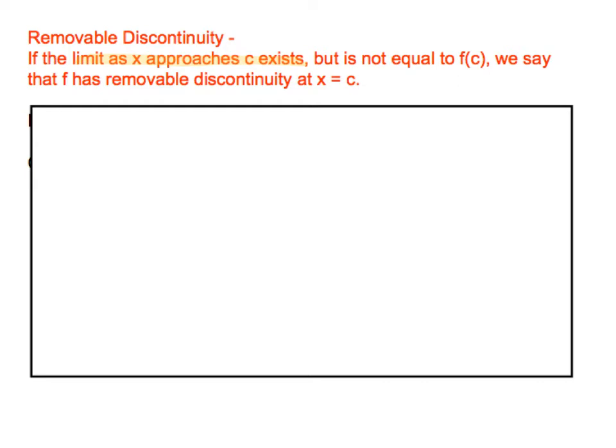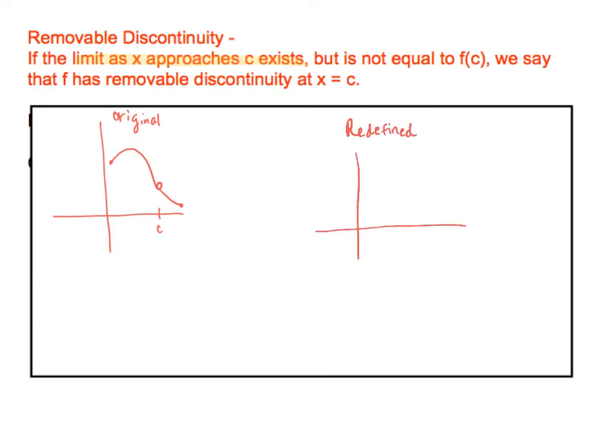Okay, so our graph of some original function at c shows a hole. We can always redefine holes by naming a function value and simply coloring or filling in that moment. I tried to make the graphs look as similar as possible.